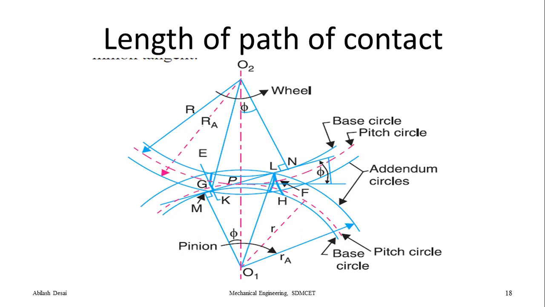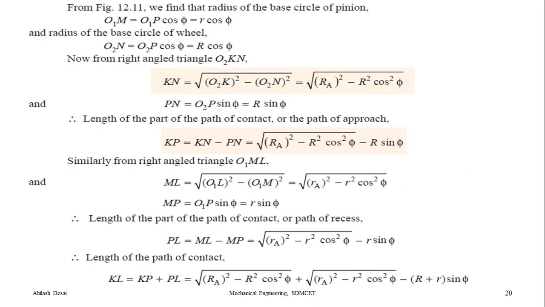This is the right angle triangle, this is the hypotenuse O2K, and then KN is one opposite side. So O2K square will be equal to O2N square plus KN square. From there we take KN as equal to root of O2K square minus O2N square.